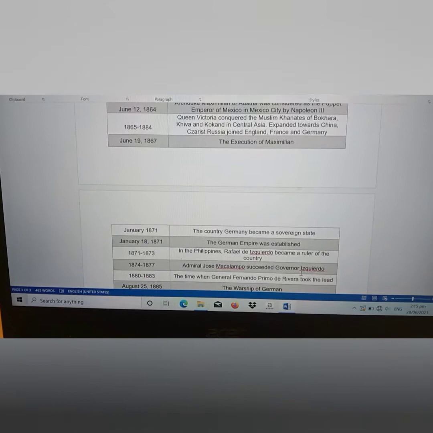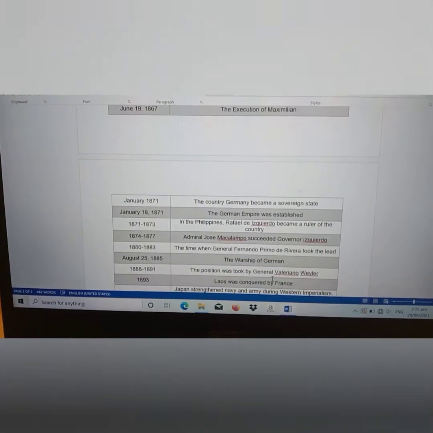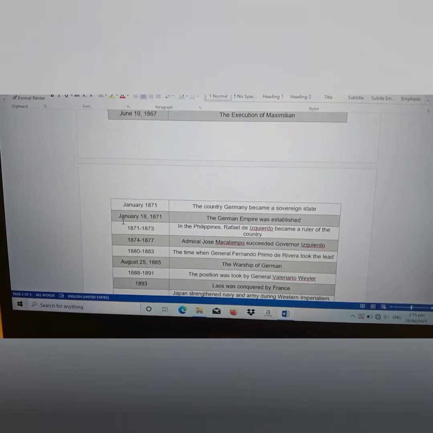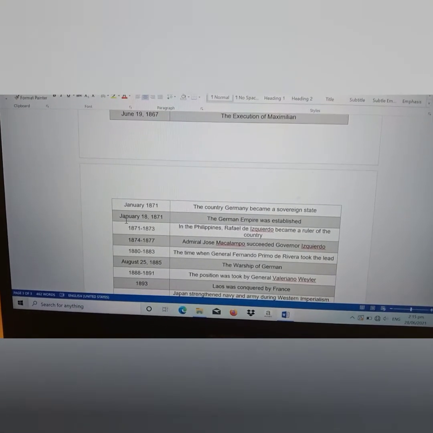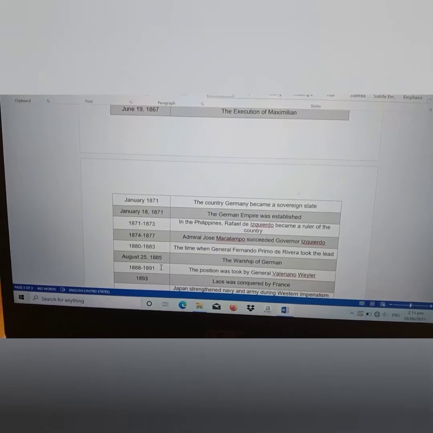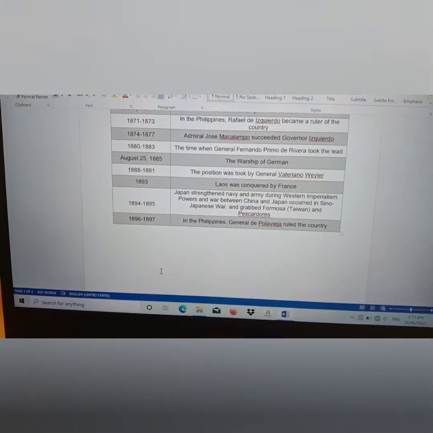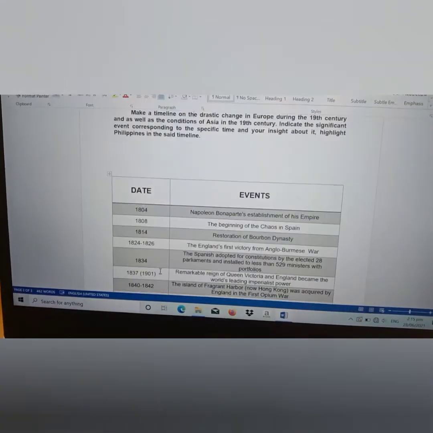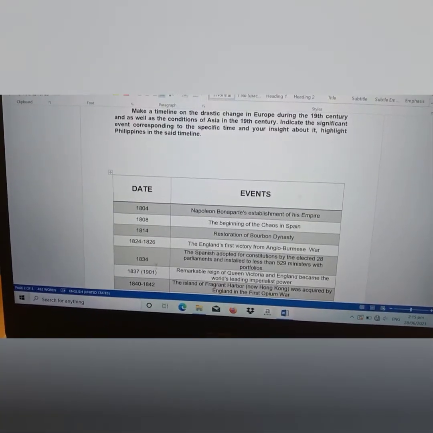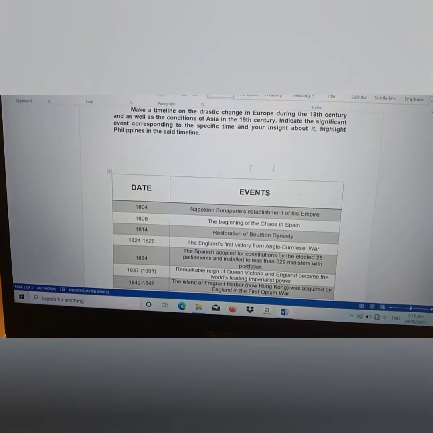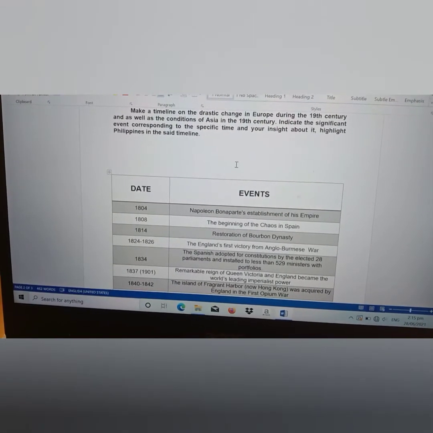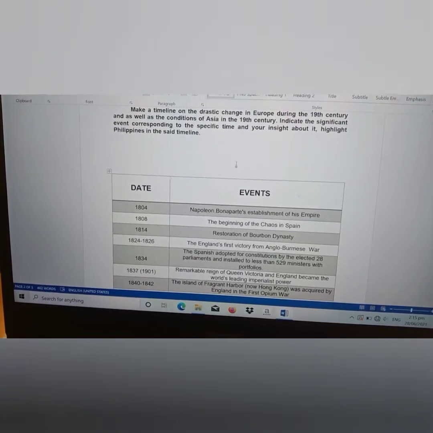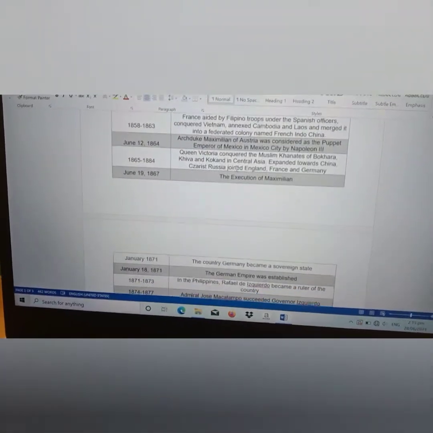And he's also very specific; he included not just the year but the date as well, like the month, January 18th, August 25. Simplicity as it is. However, I did not see his insight in his work.